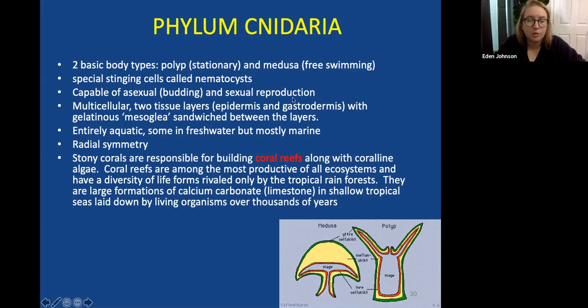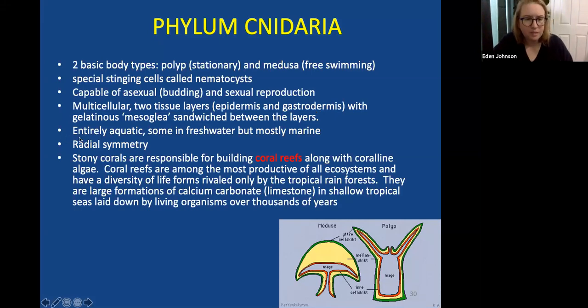Capable of asexual and sexual reproduction. They are multicellular, just like any of these animals that we're going to be talking about today. Two tissue layers, so you have the ectoderm and the endoderm. Remember that the ectoderm is going to form its epidermis, and the endoderm is going to form its gastrointestinal tract.